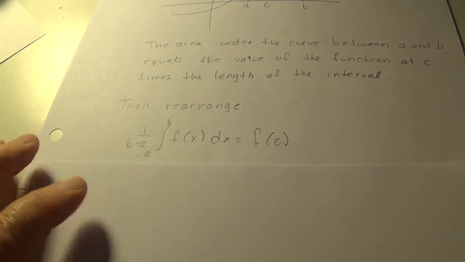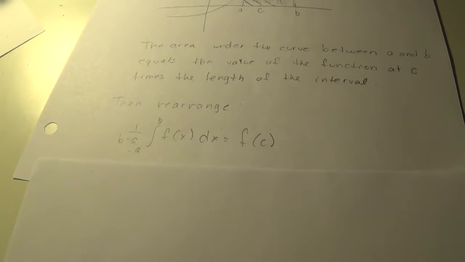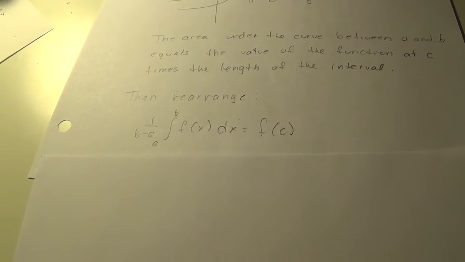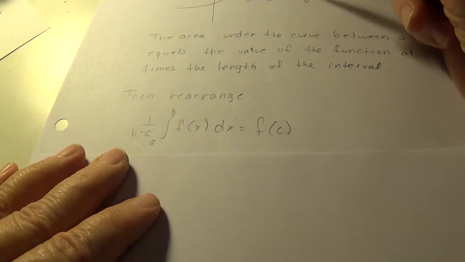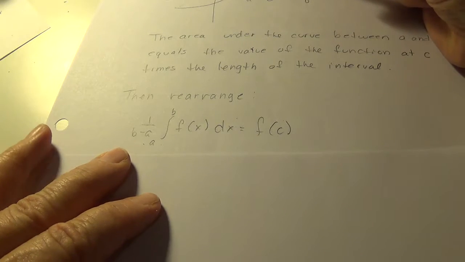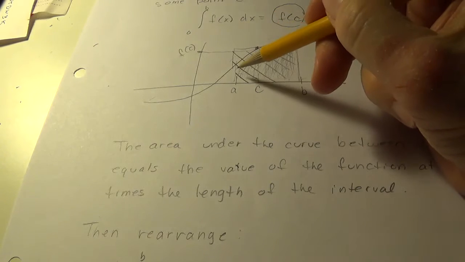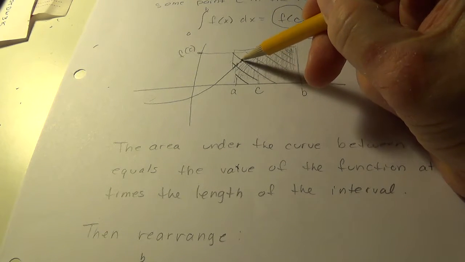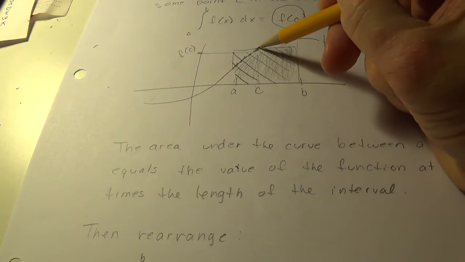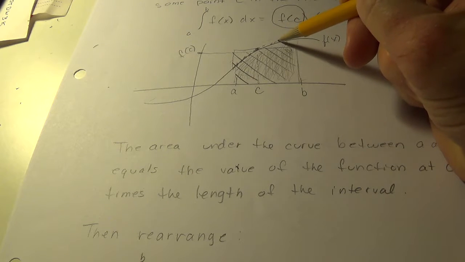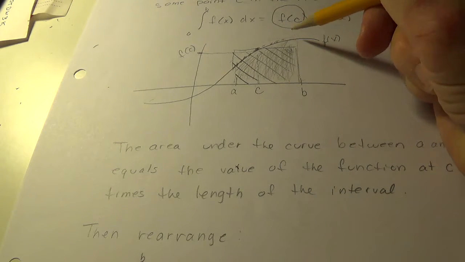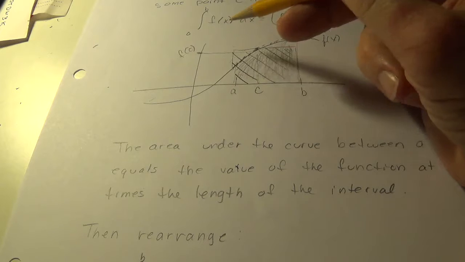This has another name, and it's called the average value. This value right here, f of c. Back to the picture, all these values exist. There are an infinite number of values between a and b, and they're read over here on this axis.